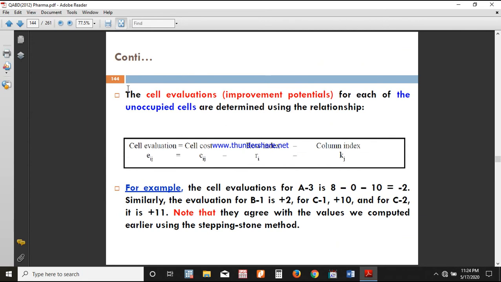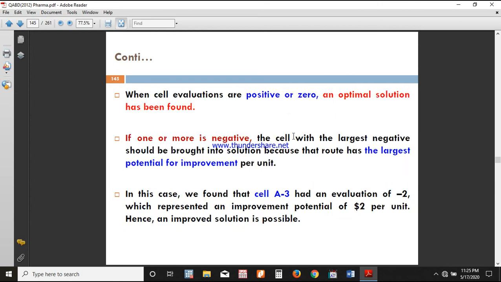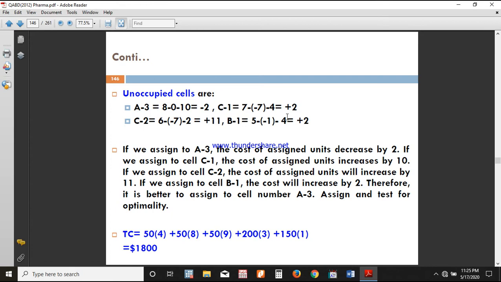For undertaking the cell evaluation, considering the northwest corner point values, the cell evaluation is equal to cell cost minus row index minus column index. Undertaking this formula, you can find similar values to the Stepping Stone method, and the total value will become 1,800.